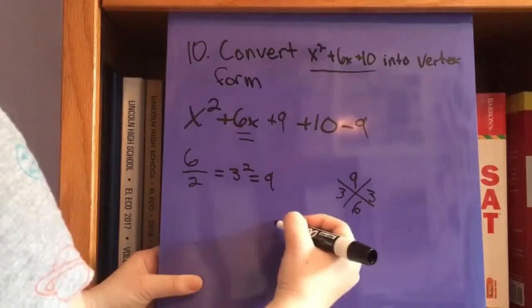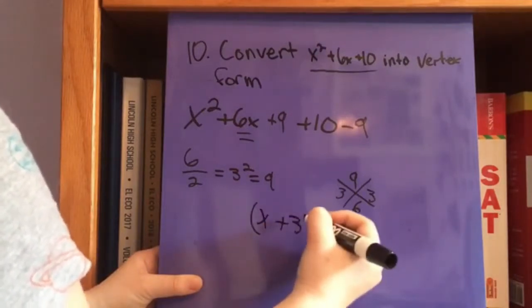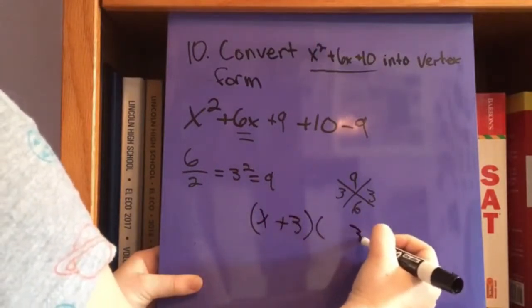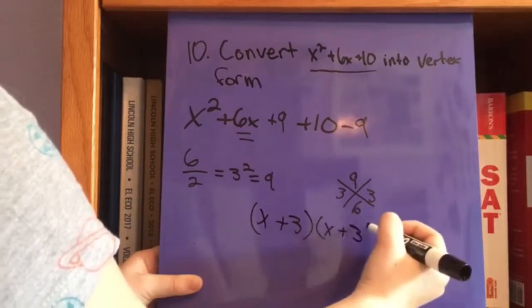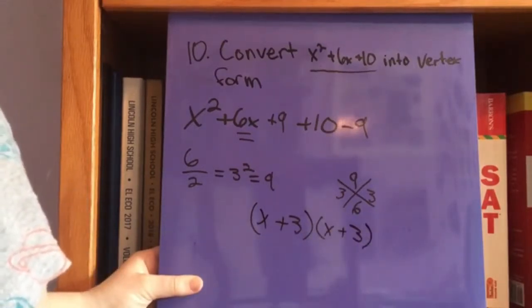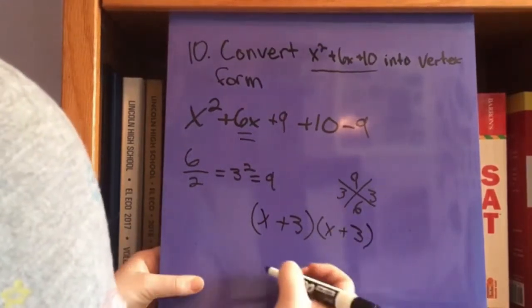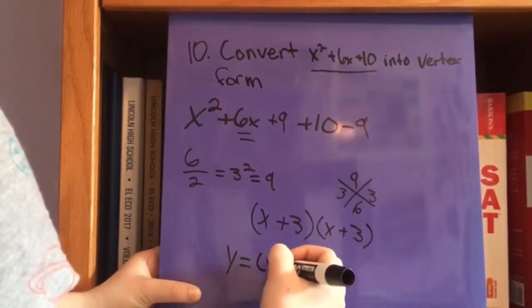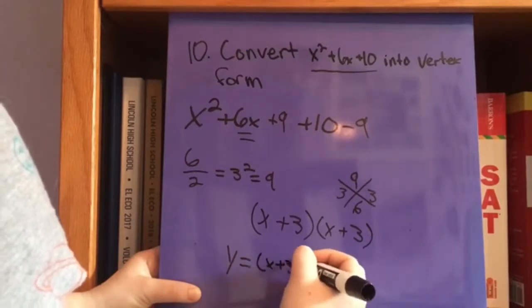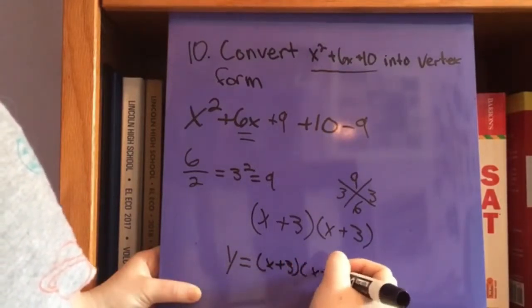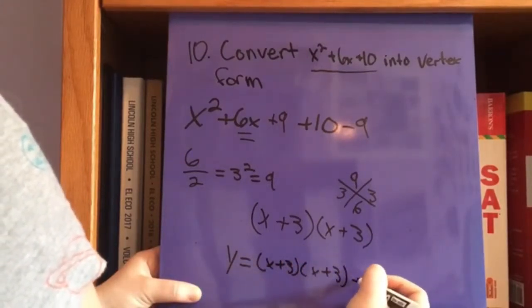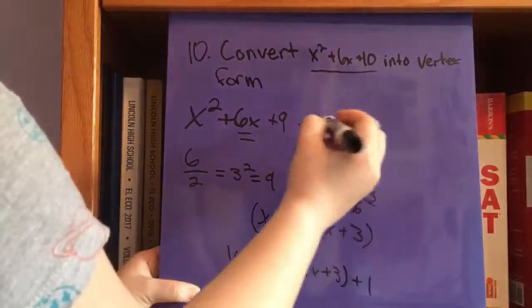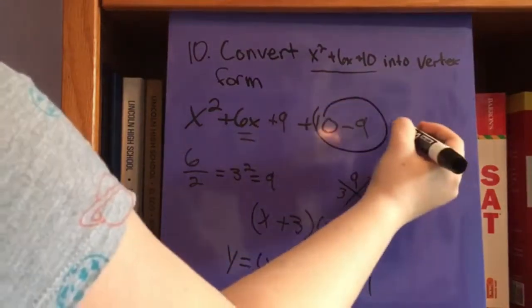You would then write this as x plus 3 times x plus 3. This equals y equals x plus 3 times x plus 3 plus 1, because 10 minus 9 equals 1.